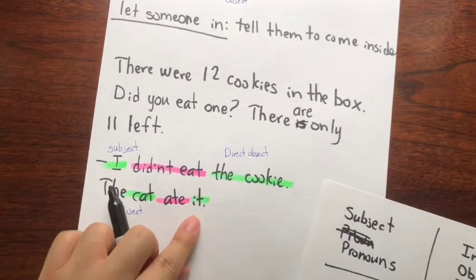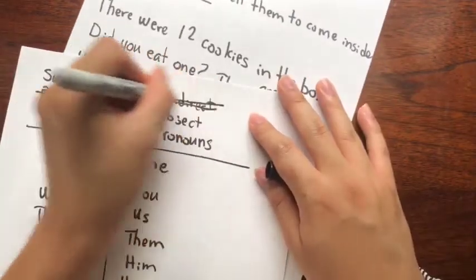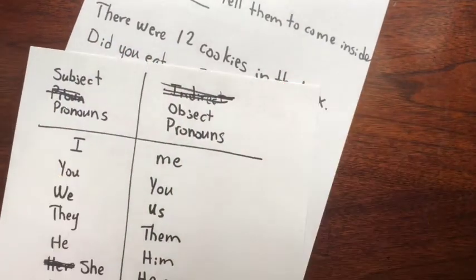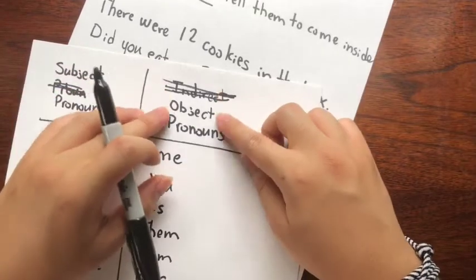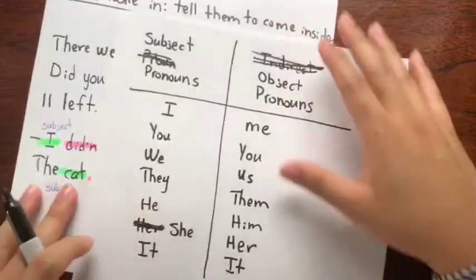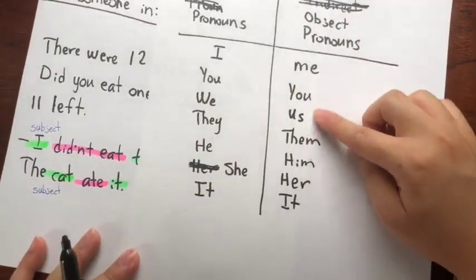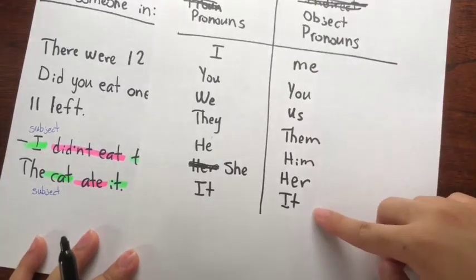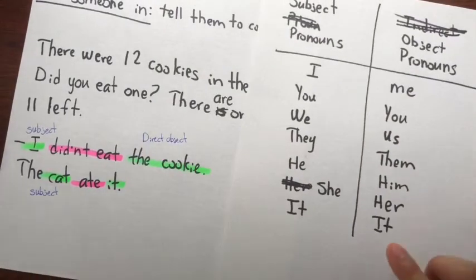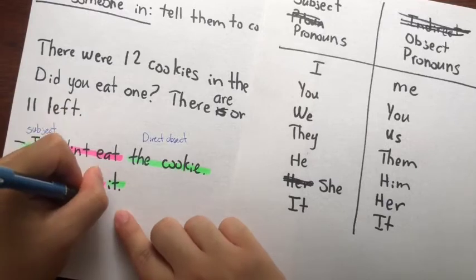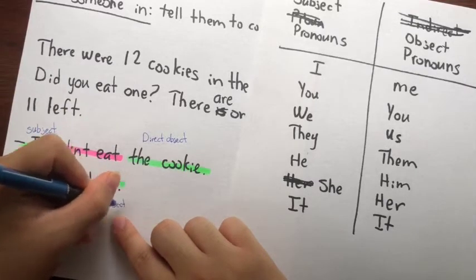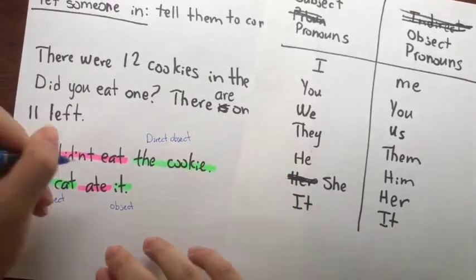Okay, and now we have it. So direct and indirect object pronouns: me, you, us, them, him, her, it. So it is the object here. What kind of object? The direct object.